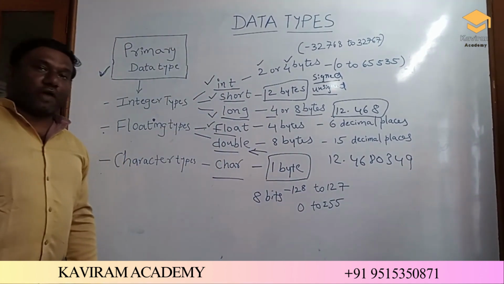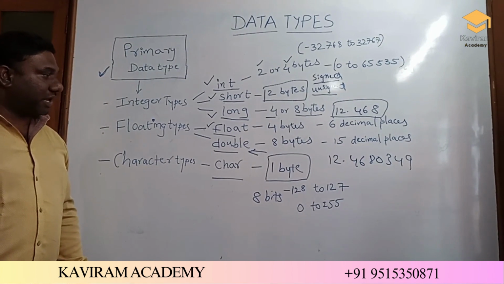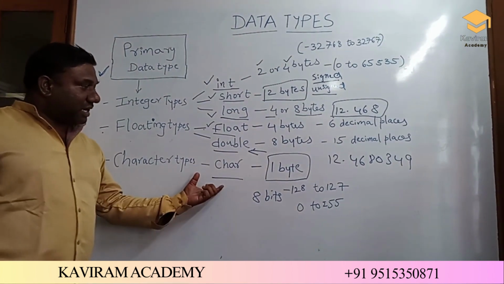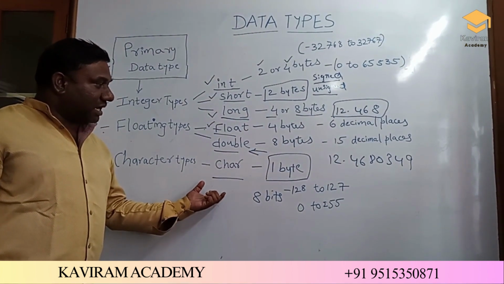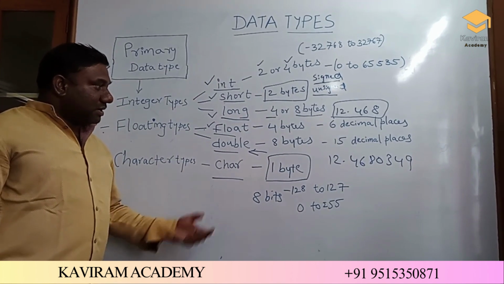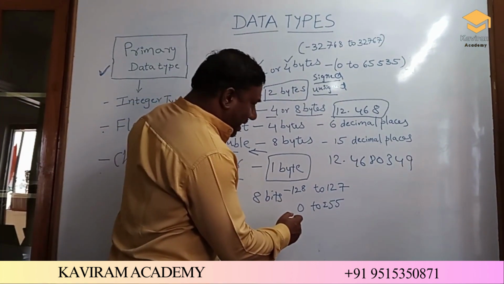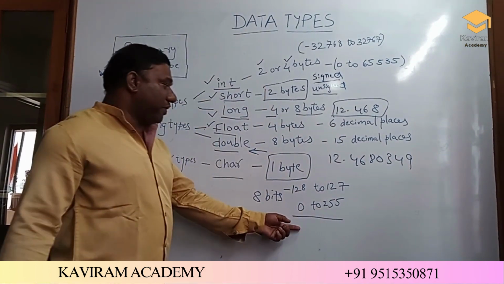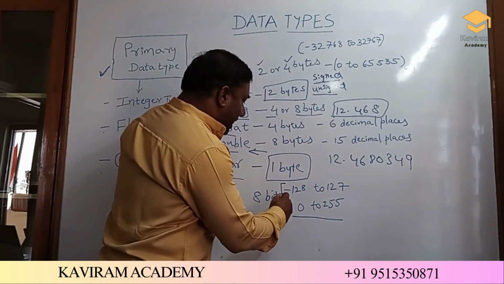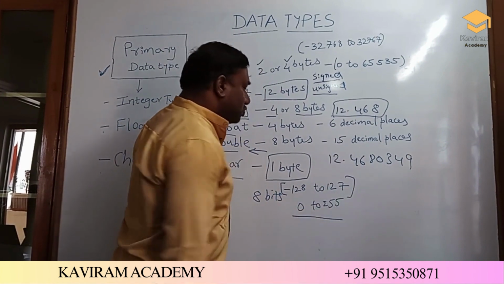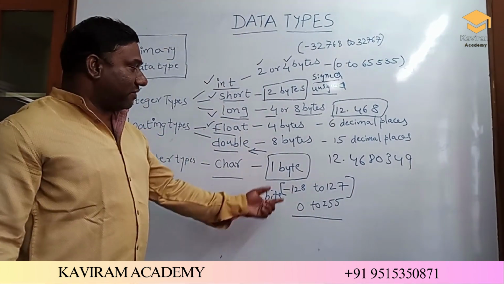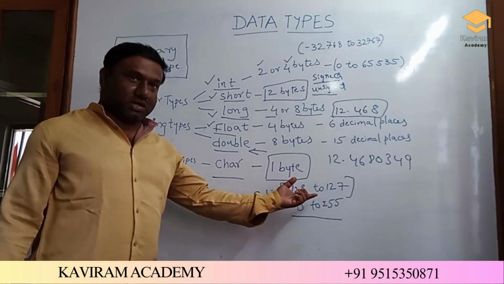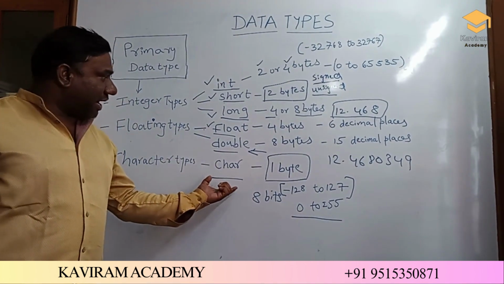In character we have signed character or unsigned character. If it is unsigned character, the range is from 0 to 255. If it is a signed character, it takes -128 to 127, that is 256 values.